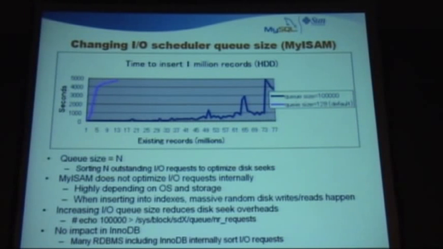Since no optimization happened, a lot of random disk seeks happened in this benchmark. So by increasing the queue size, you can minimize such overheads. But this optimization has no impact on InnoDB, because InnoDB and many other database servers internally sort IO requests to optimize disk seeks.